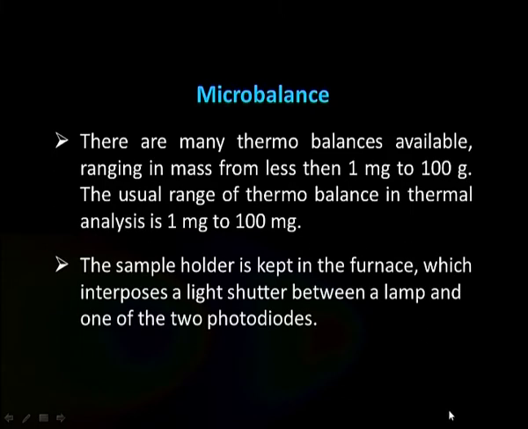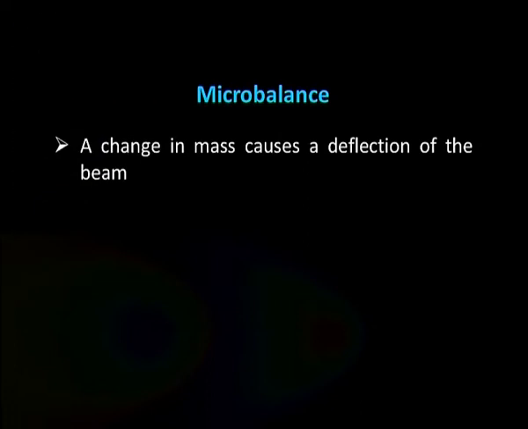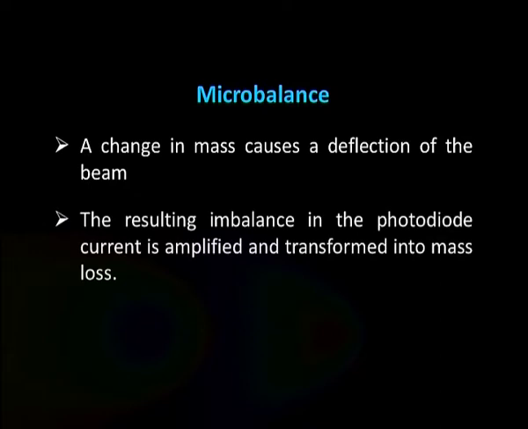The sample holder is kept in the furnace, which interposes a light shutter between a lamp and one of the two photodiodes. A change in mass causes a deflection of the beam, and the resulting imbalance in the photodiode current is amplified and transformed into mass loss.